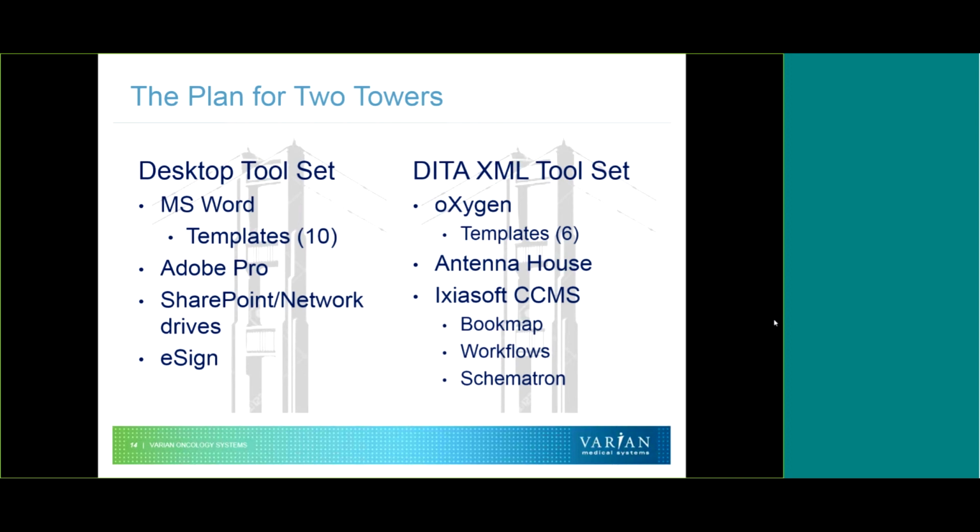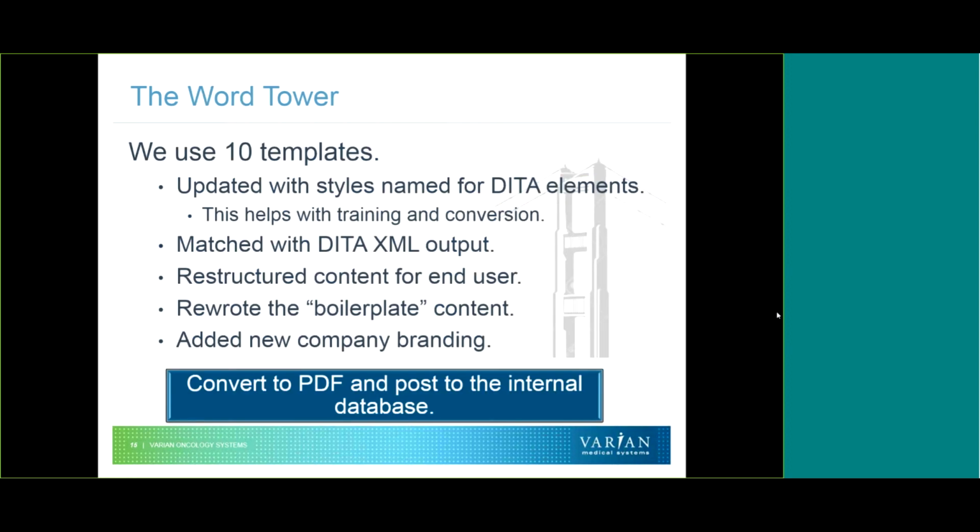The CCMS is Ixiasoft, and we, of course, utilize that for our book maps, workflows. Also, Schematron, which has proved very useful for our counterparts in the customer publication team, but we're still working through our Schematron variables to make sure they work for our environment. So those are 2 towers that we're working within.